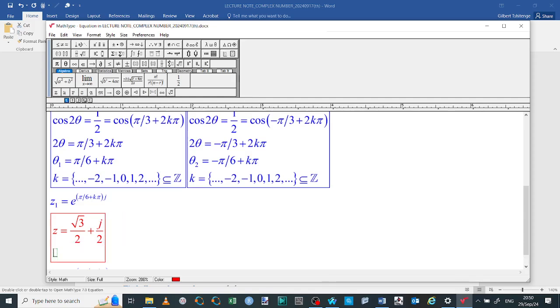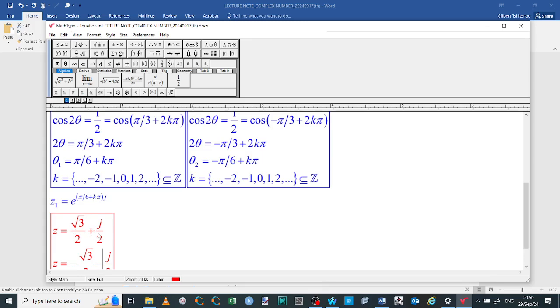The second one will be if k is equal to 1, I'm going to the third quadrant. In the third quadrant, the real part and the imaginary part are negative. And then when you say that k is equal to 2, I end up with this complex number.